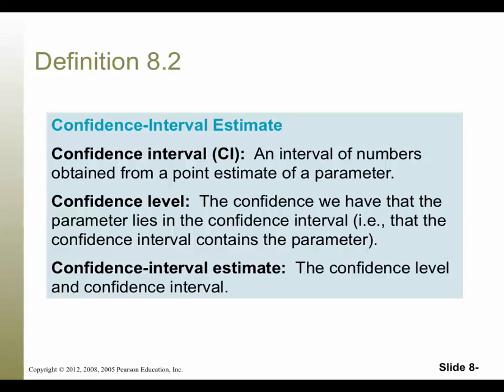So the interval is some interval around your point estimate, and the confidence level is how confident we are, in this case, that the population mean lies in that interval. And so the confidence interval estimate is basically these two things taken together: your interval and how confident you are. You take those two things together, and that's what's called the confidence interval estimate.